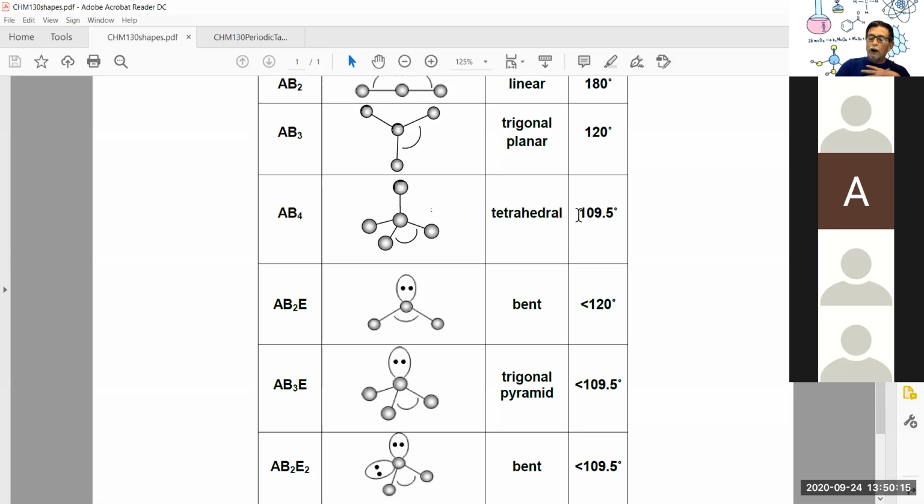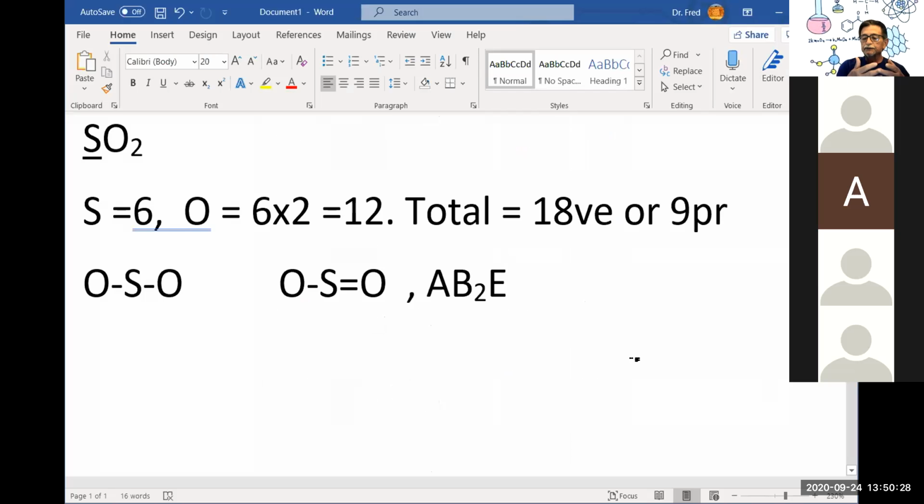Now, why is it important to know this? Because once we figure out the Lewis dot structure, this gives us an idea about the polarity of the overall molecule. We talked about the electronegativity of the elements, okay? When we talked about covalent bonds, I said that at this point we just treat it as an equal sharing.